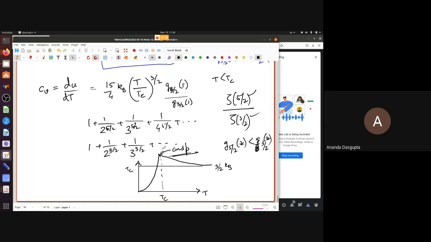It was rising up to this point, then it goes decreasing. Okay, and that lack of smoothness in CV shows that you have a phase transition here. So you had a bosonic condensate on one side and normal Bose fluid on the other side, and between them you do have an actual phase transition.